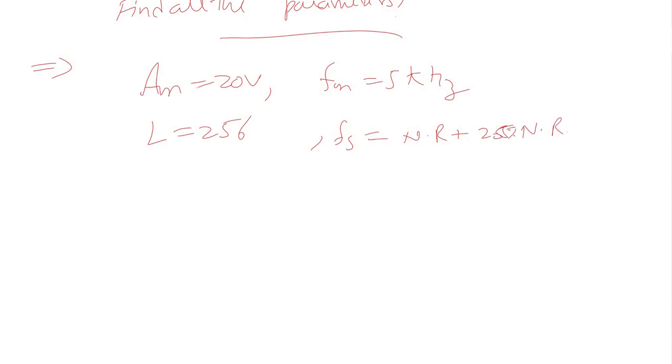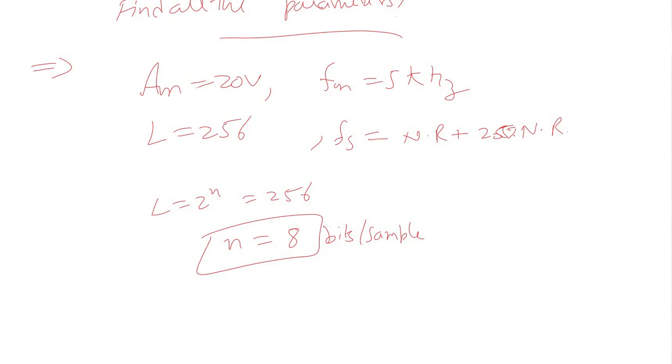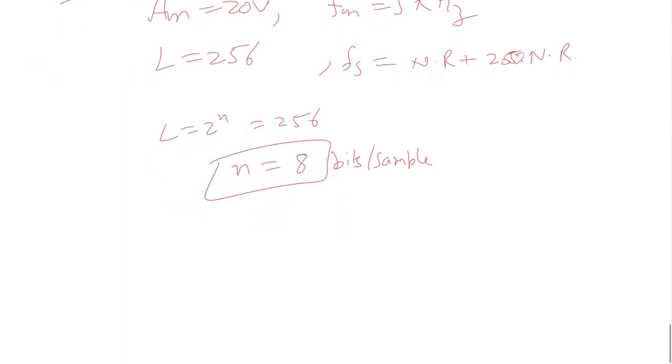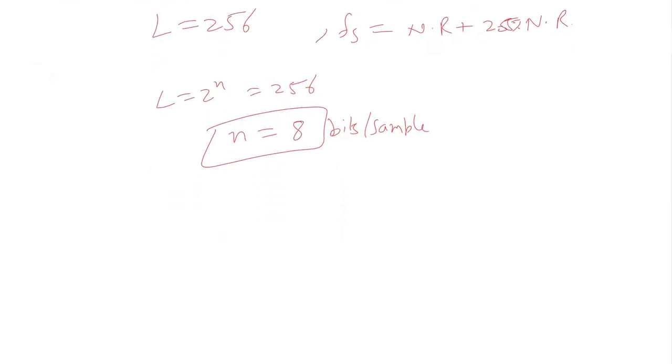You know L is equal to 2 raised to power n equal to 256, so value of n comes out to be 8. That is 8 bits per sample available, right? And Nyquist rate is equal to, we know, twice of fm, that is equal to 10 kilohertz.